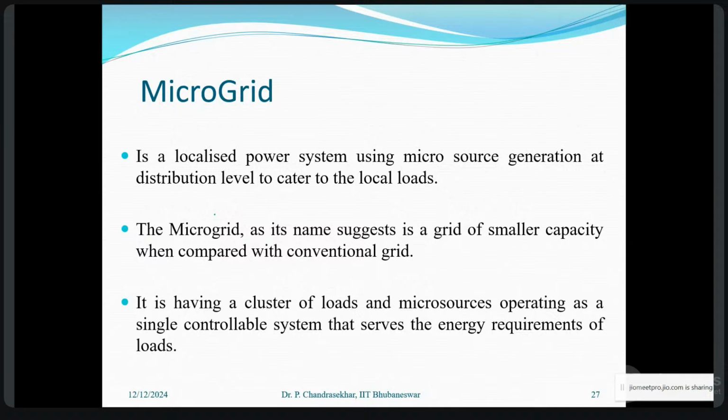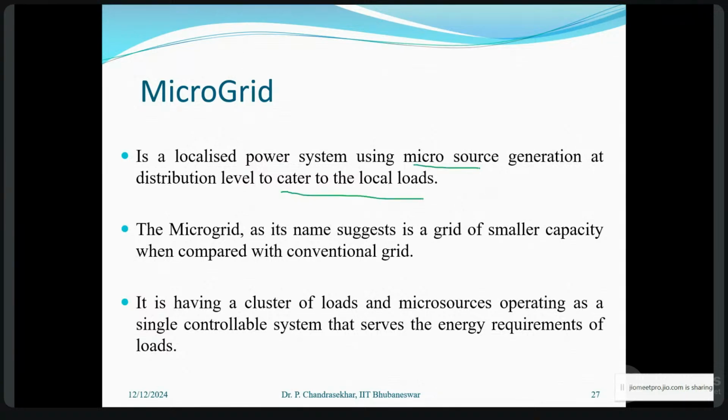Before I answer this question, let me brief you on what a microgrid is. A microgrid is basically a local power system that uses micro source generation, small generating units at the distribution level, meaning low voltage, that caters to the local loads.